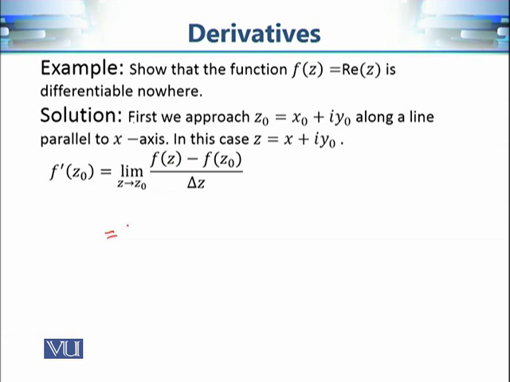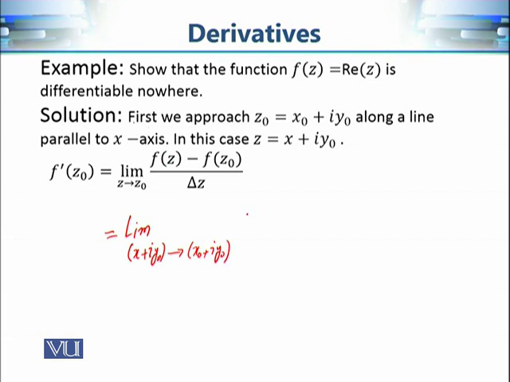So f of z is the real part. Now z is equal to x plus iota y0, and this approaches x0 plus iota y0.